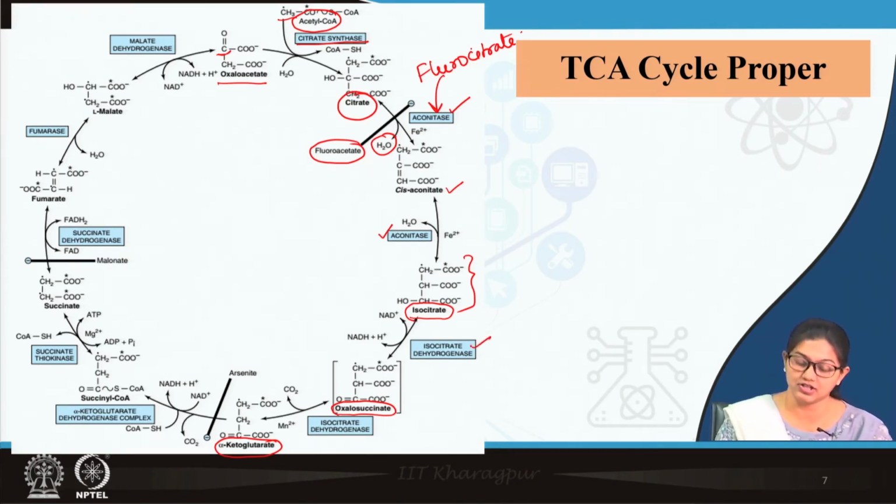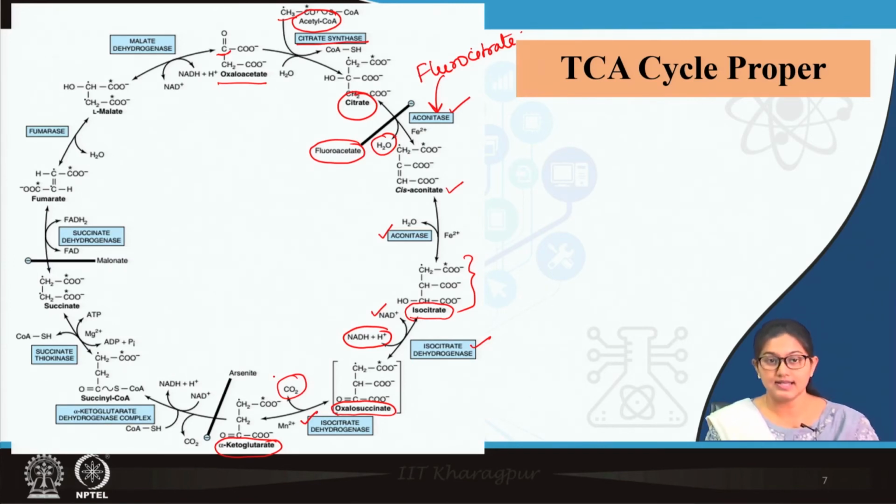As there is dehydrogenation, there is formation of NADH from NAD. Then there is decarboxylation, again by the enzyme isocitrate dehydrogenase. So, there is release of carbon dioxide, finally forming a 5 carbon compound, alpha ketoglutarate.